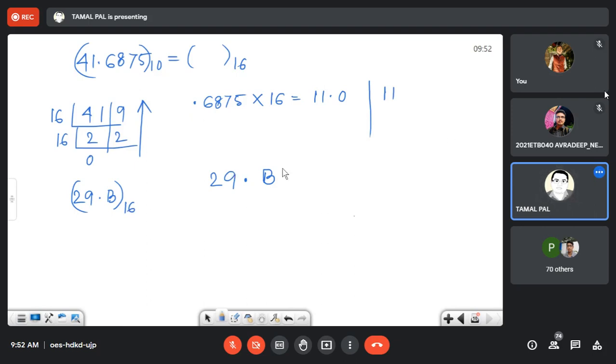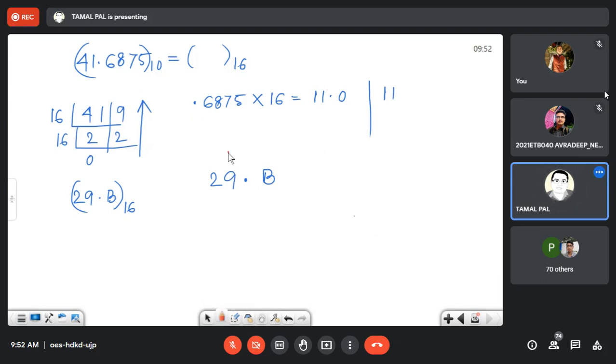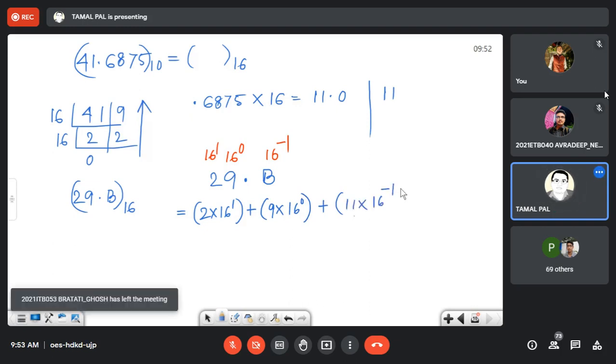Now similarly, let us check whether it gives the same decimal or not. The weightage of this digit is 16 to the power 0, this is 16 to the power 1, and this is 16 to the power minus 1. So 2 into 16 to the power 1, plus 9 into 16 to the power 0, plus B, which here is 11, so 11 into 16 to the power minus 1.